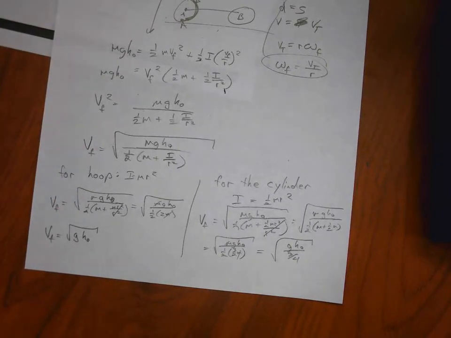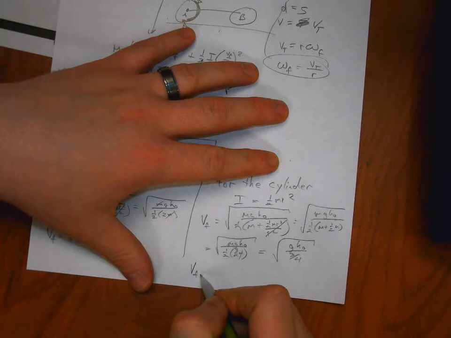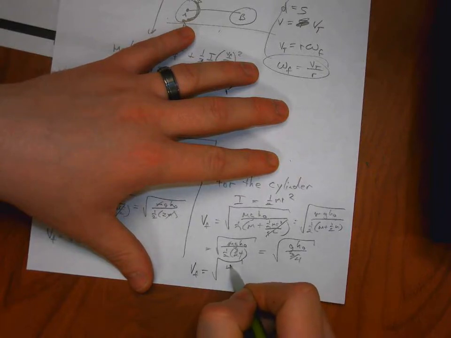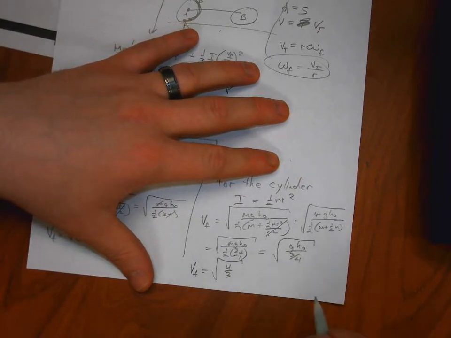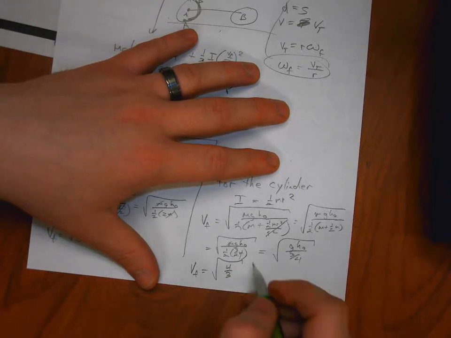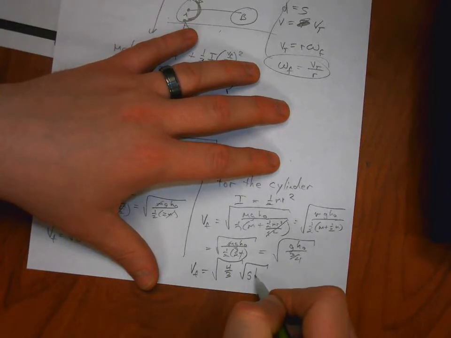Which is the same as saying that it equals the square root of 4 over 3, because it's in the denominator, I'll bring it up to the numerator by flipping it, times the square root of gh0.